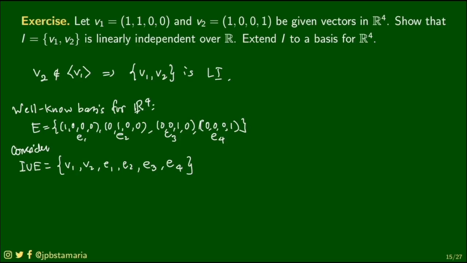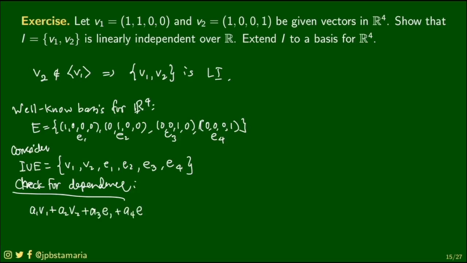So we check for dependence as always. We set up the following equation: a1 V1 plus a2 V2 plus a3 E1 plus a4 E2 plus a5 E3 plus a6 E4 equals 0, 0, 0, 0.